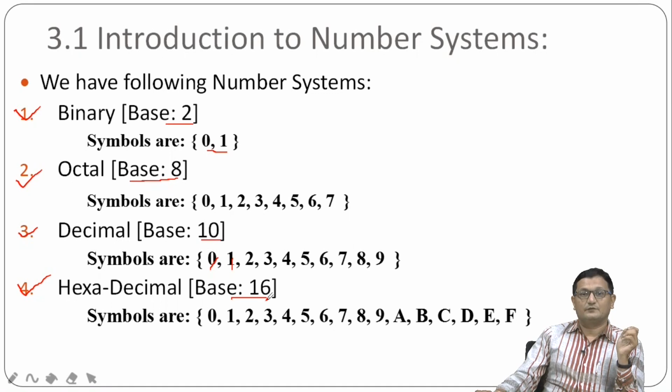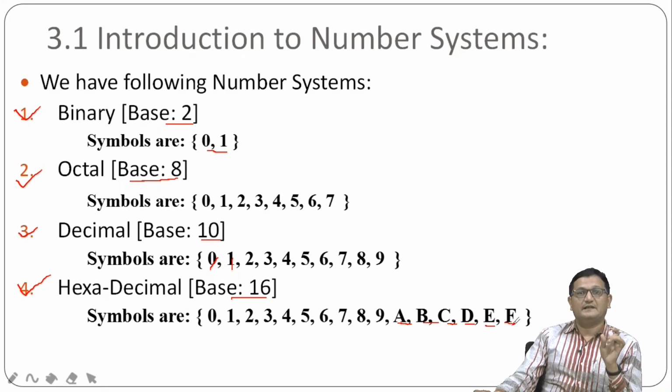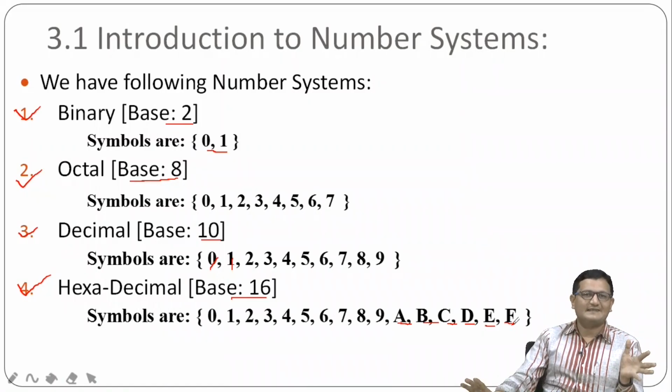No, 10 you can represent with A, 11 will be represented as B, 12 as C, 13 as D, 14 as E, and 15 as F, right? So total up to 15, right? From 0 to 15 you can use just a single digit, and that is why hexadecimal has a total of 16 symbols and its base is 16.